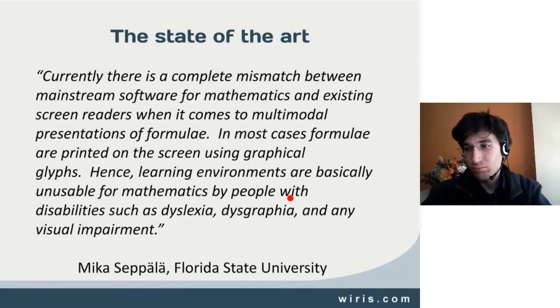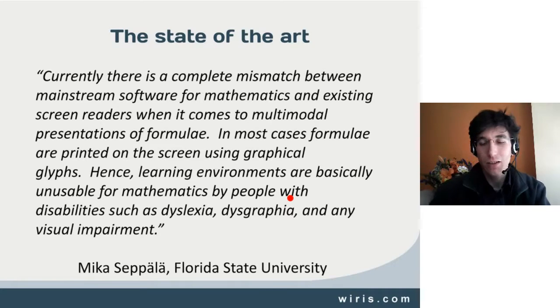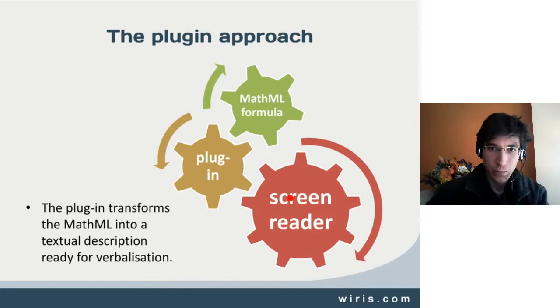Good. Let's go now for what we do with a math formula and a screen reader. There's basically 2 approaches. So I've called them the plugin approach and the image approach. And it basically has to do with what we do with the math formula when we're not talking about accessibility. So in general, how we present it, how we store it, right?